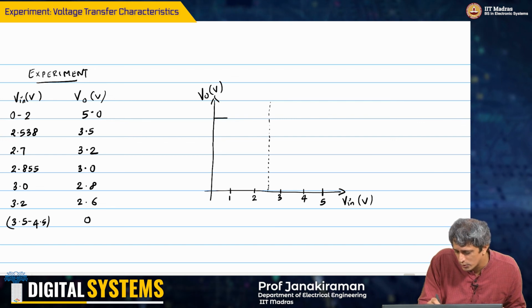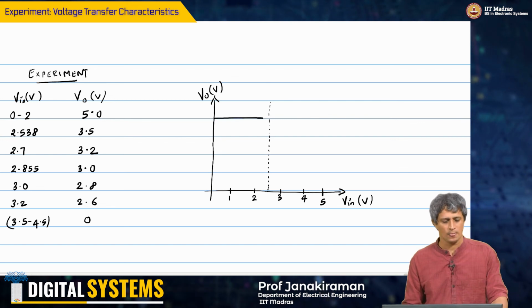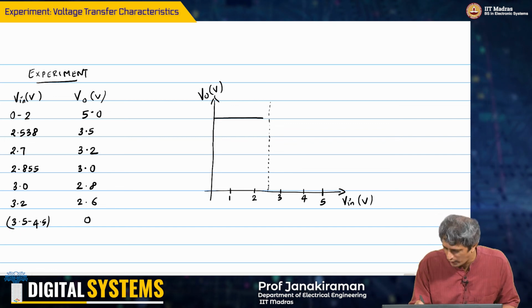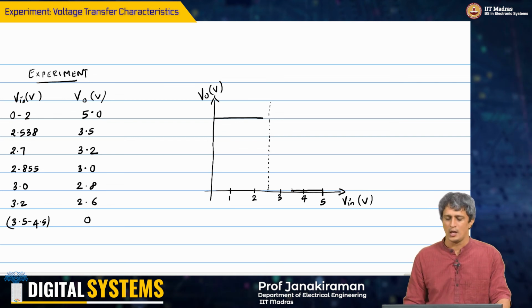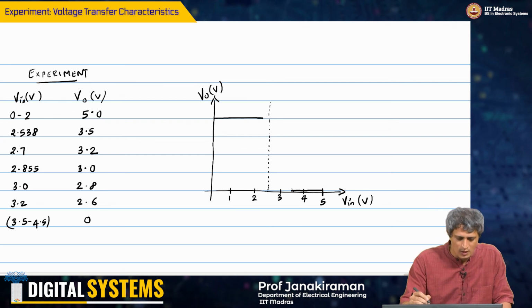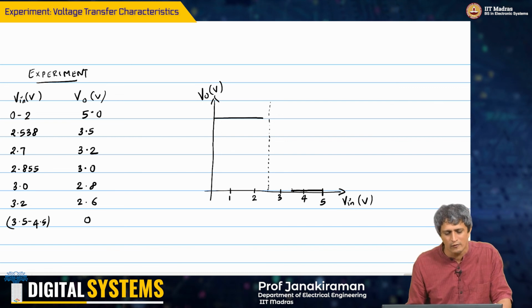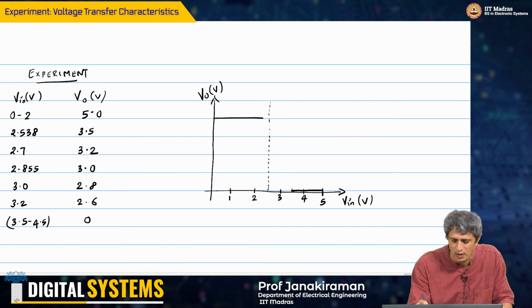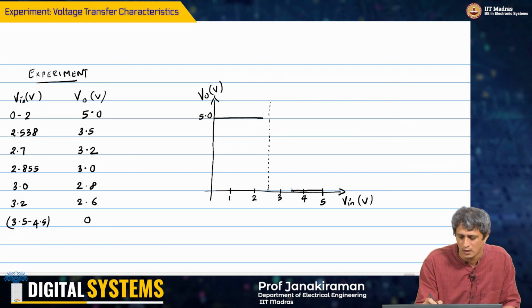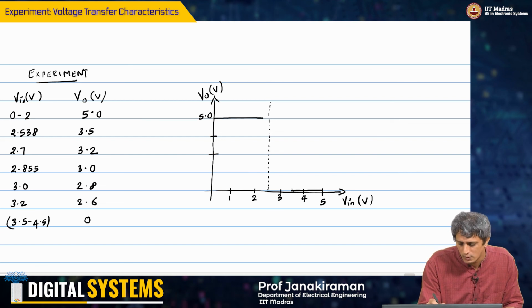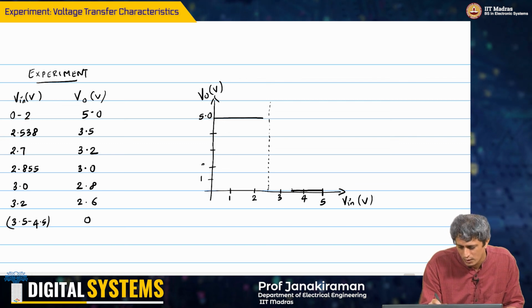right. So let me just draw that, right. On the other hand, after 3.5 volt, which is somewhere here, the output again is absolutely constant. In this period between, so somewhere near 2.538, so somewhere just after that, the output dropped again 5 volts, right, 4, 3, 2, 1, okay, 1, 2, 3, 4, right.